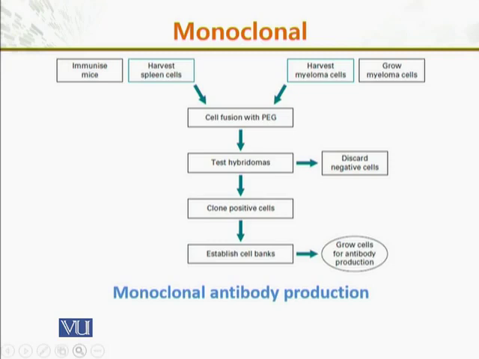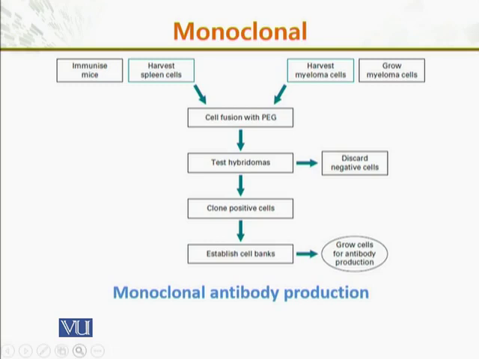Now here you see a route which is depicted in this picture, showing how we can carry out monoclonal antibody production, where there is immunization, and cells are fused, and further the test is carried out by ELISA. If the test is positive, then the mouse is bled and the antibody is separated.